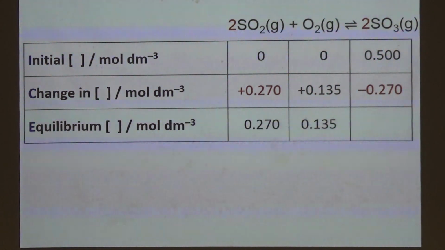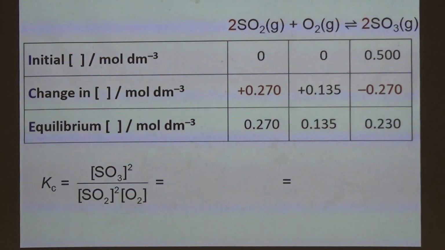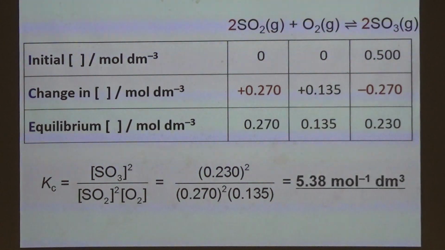Which means that the equilibrium concentration of SO3 will be 0.230. So with these three equilibrium concentrations, I can substitute into the Kc expression to find the value of Kc. So Kc is 5.38, and the Kc units will be mole minus 1 dm cube.